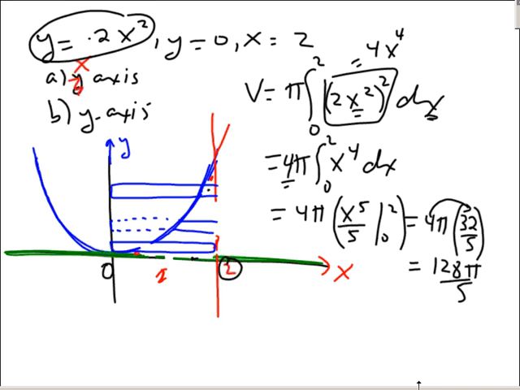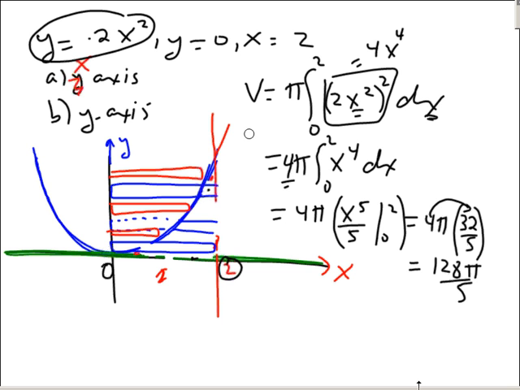And then, and only then, I'm going to take away this, what I get when I revolve rectangles like this. Because the blue rectangle is giving me more than I want.